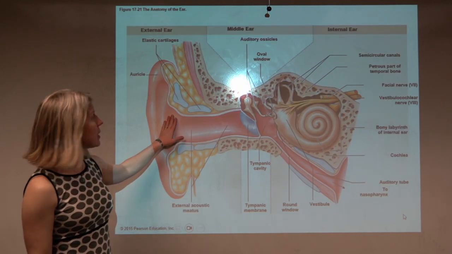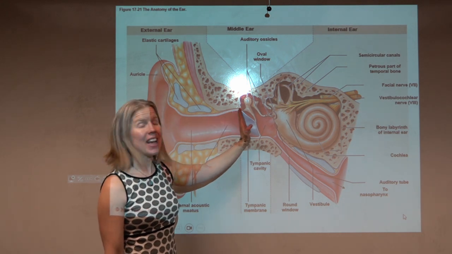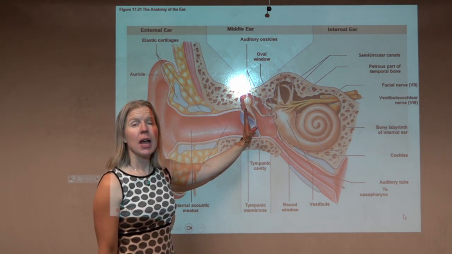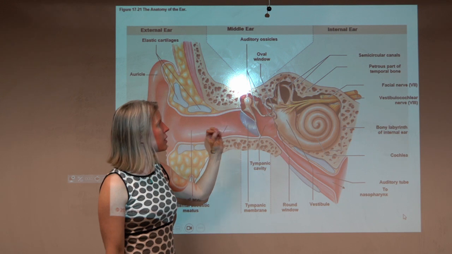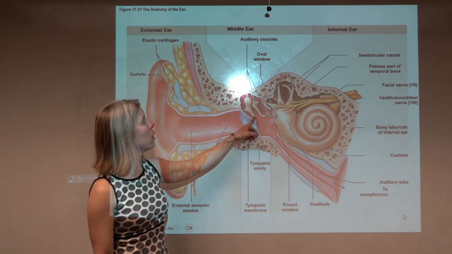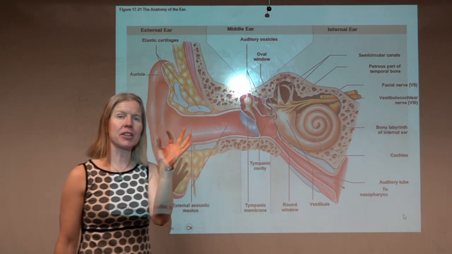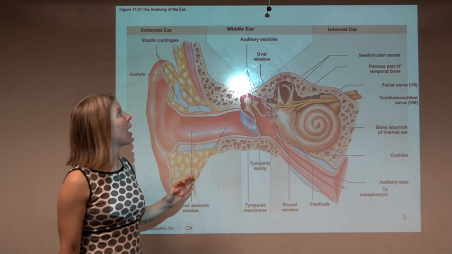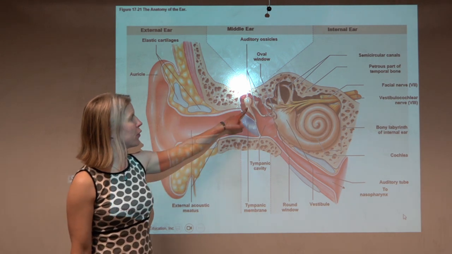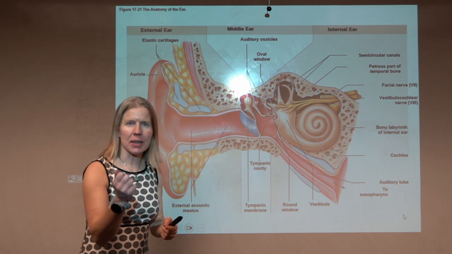So the way this ends up working is sound waves are coming through the air. They hit the tympanic membrane, and then those vibrations are passed through what we call the auditory ossicles. These are the tiny bones inside of the middle ear, right? So we have the malleus. Malleus is like a mallet, right?